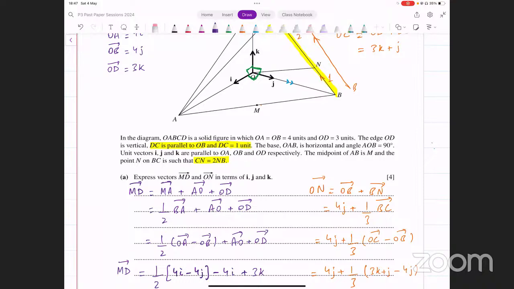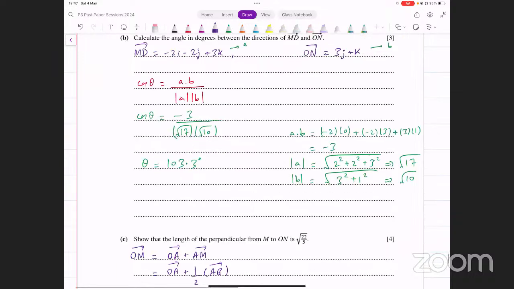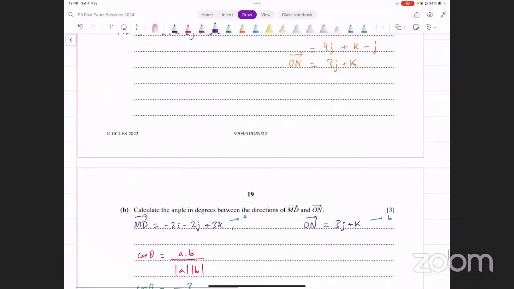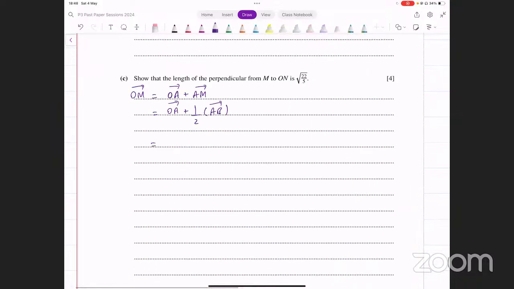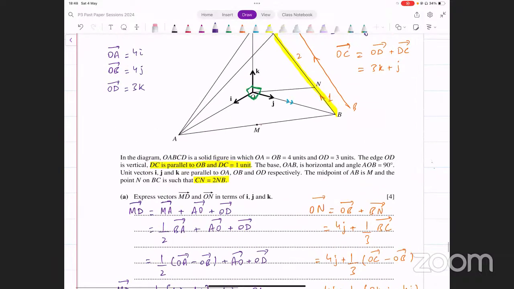We can say that's OA plus AM. And then it becomes OA plus half of AB. AM vector is half of AB vector. We know AB vector. OA is, in fact, there's a direct way of doing this as well, by the way.